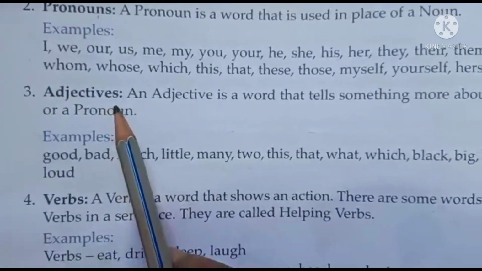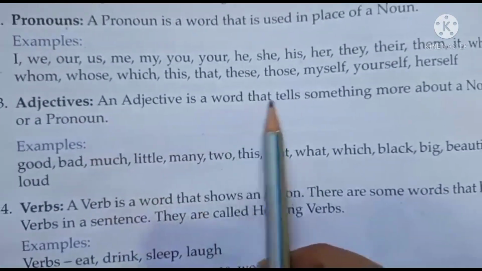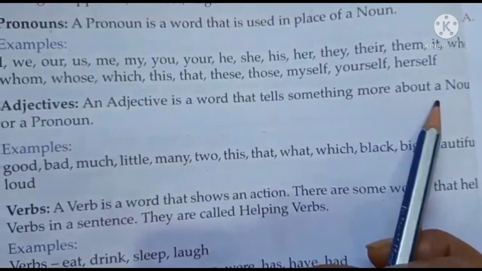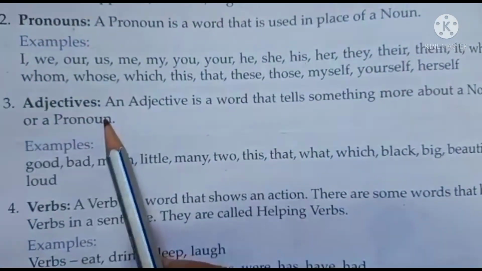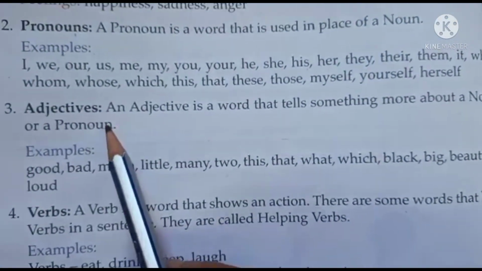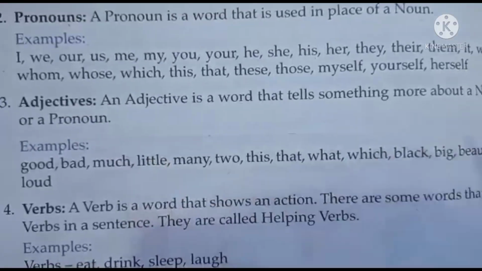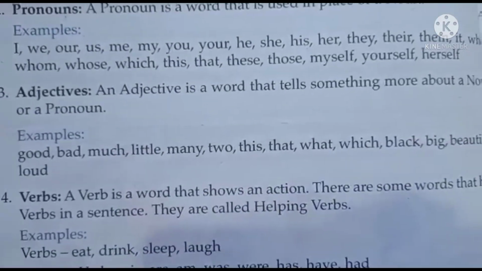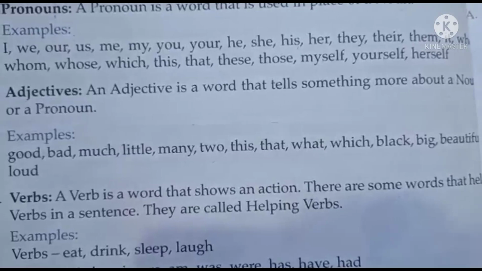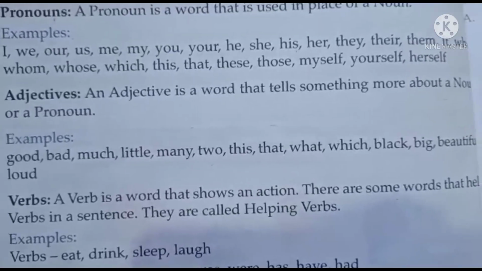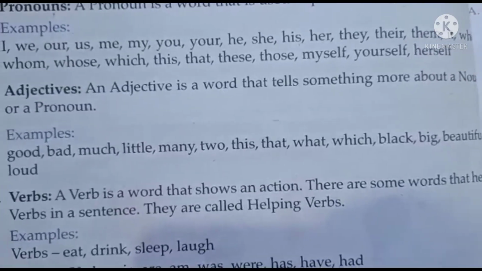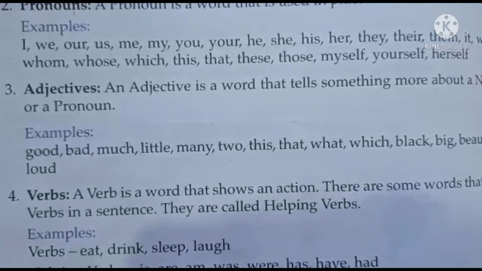Next is adjectives. An adjective is a word that tells us something more about a noun or a pronoun, like curly hair, tall man, short man. So the words that describe or tell us more about the noun are called describing words or adjectives.